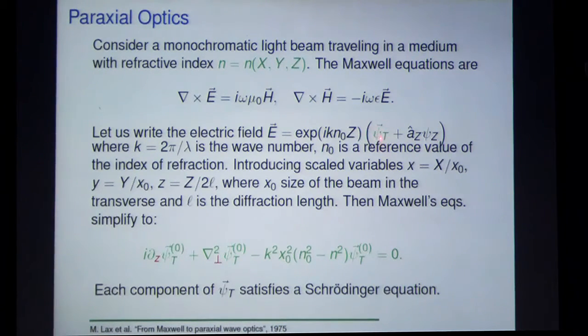We have a function in the transverse direction of the z-axis and another function in the z-axis. We make a change of variables to dimensionless variables and so on. So we finish with this equation, say that at order 0 we can approximate the Maxwell equations with only this equation, and basically each component of this vector satisfies a Schrödinger equation. So we have a relationship between quantum mechanics and optics.